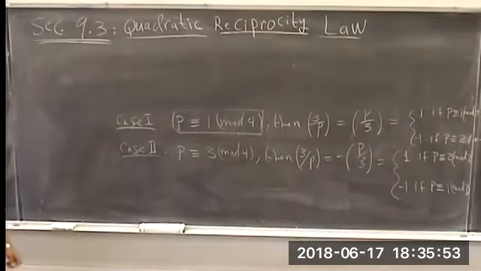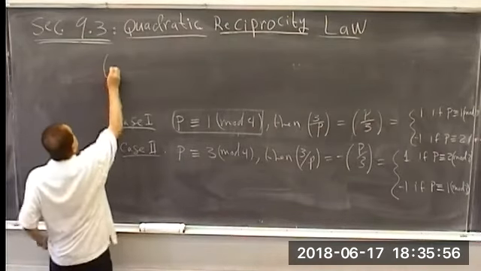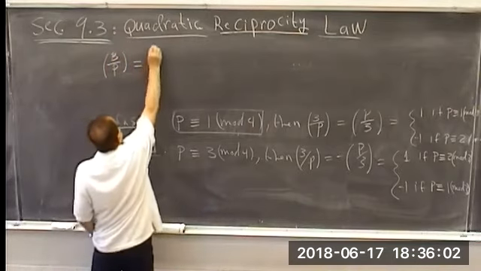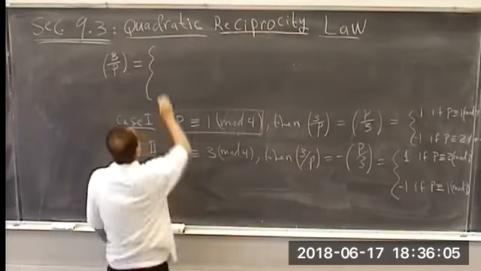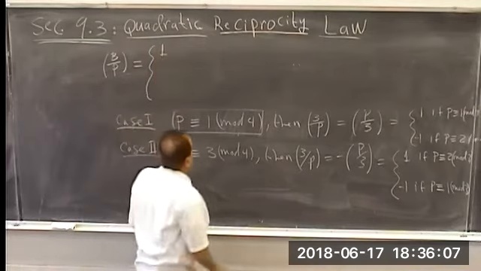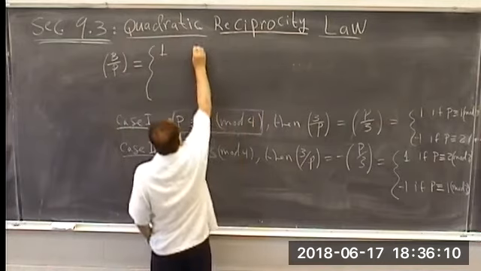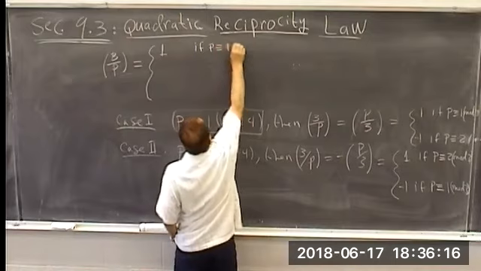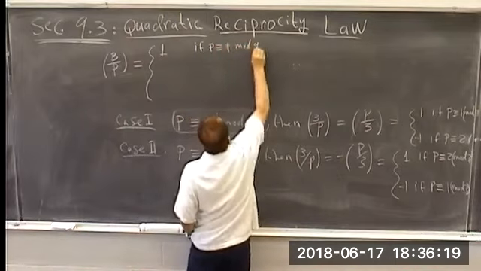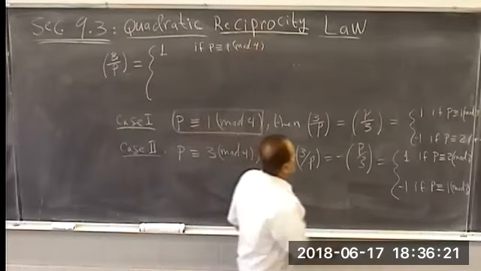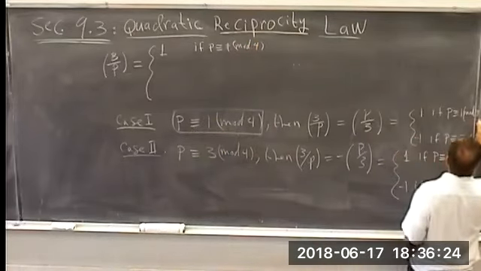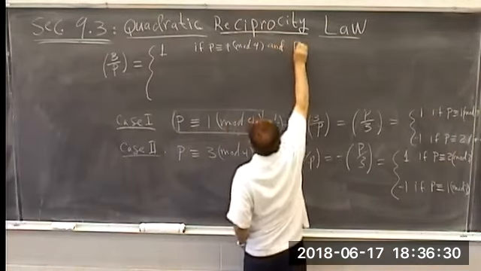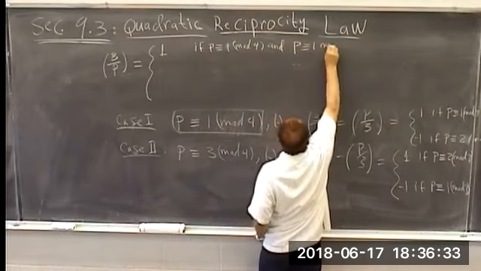So putting the two cases together, (3/p) is going to equal 1 if this condition is satisfied: p is congruent to 1 mod 4, that's from case 1, and to get 1, we need also p to be congruent to 1 mod 3.